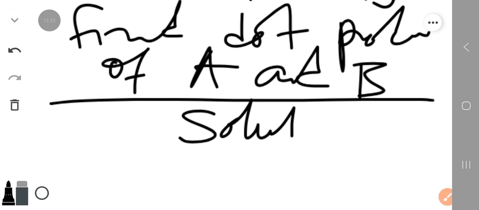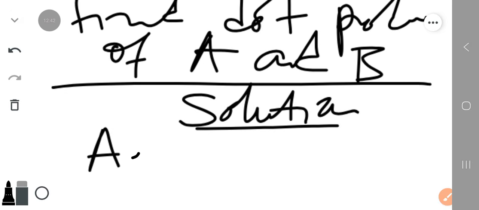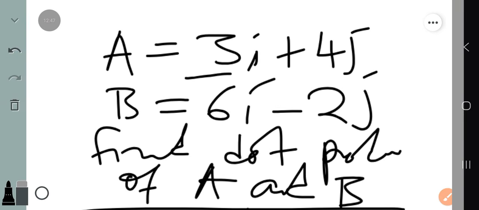Solution. To find the dot product A dot B, what you do is get vector A and vector B. Now you are going to multiply the coefficients of I alone plus the coefficients of J alone.